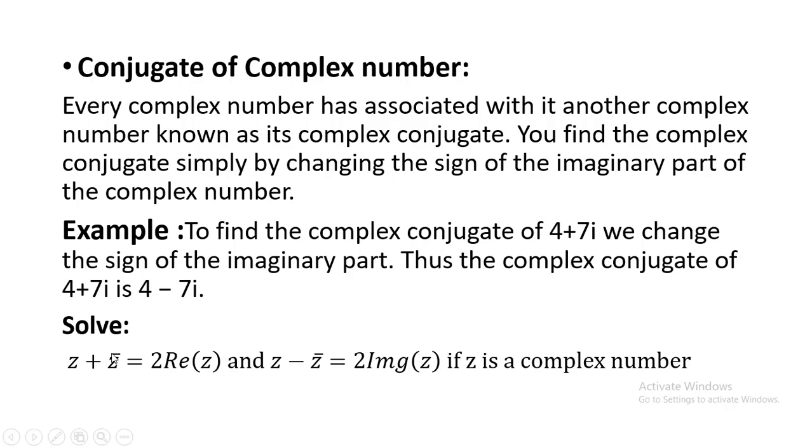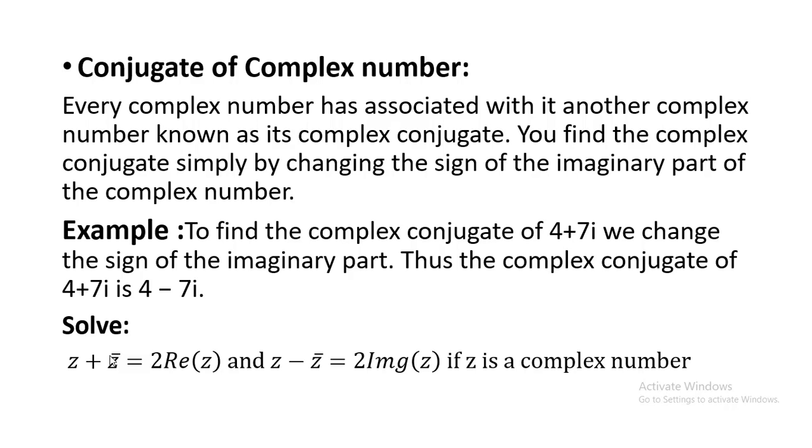The symbolic representation of conjugate is z bar, okay. So any complex number associated with a name that has a bar on top means they are asking you to find its conjugate, okay.